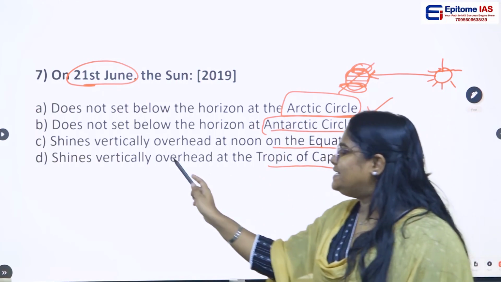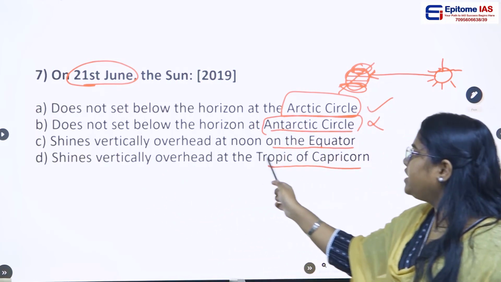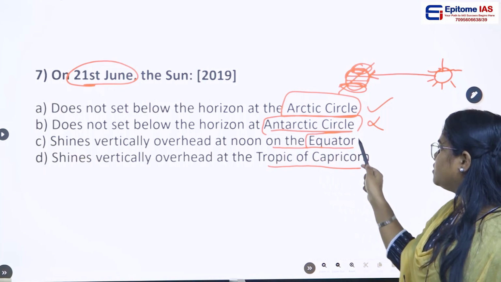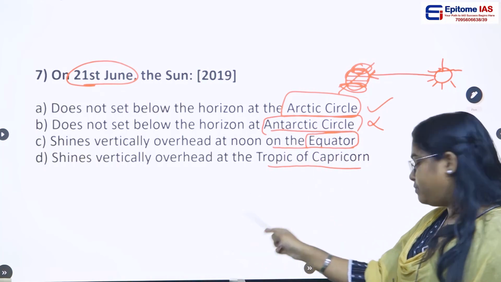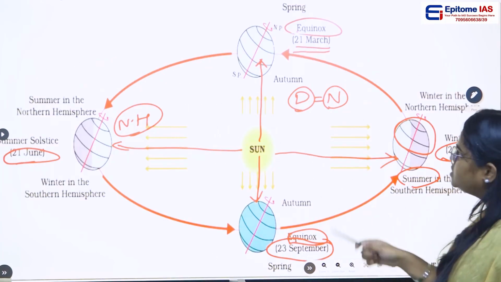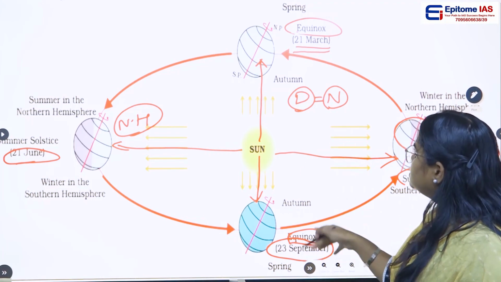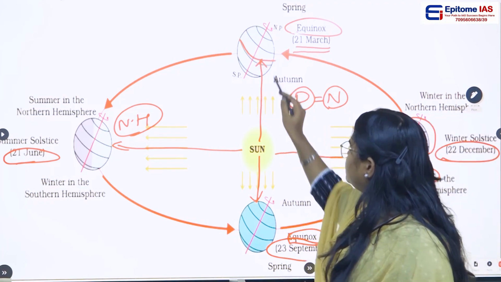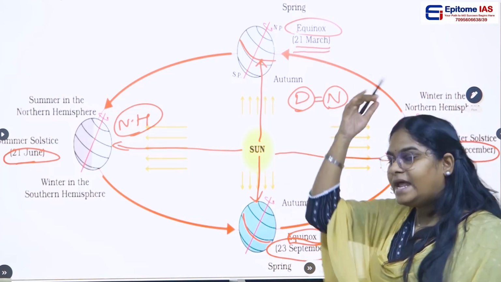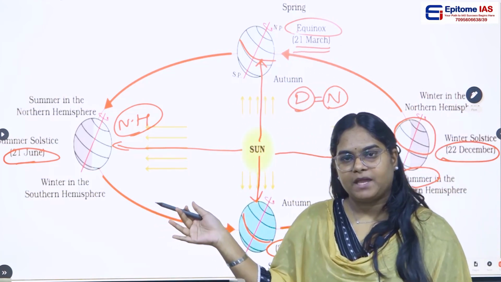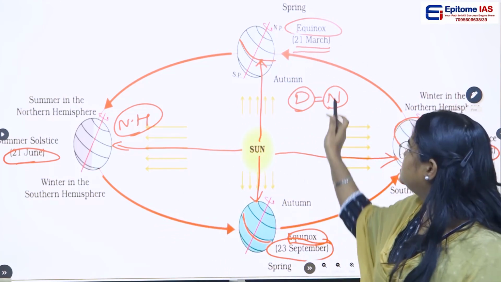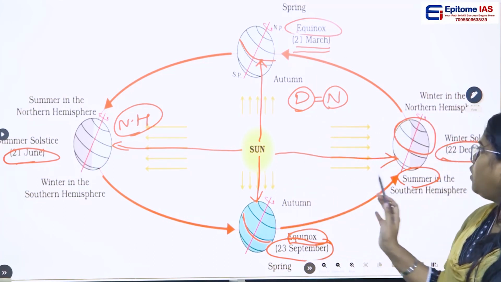If you see option C, it shines vertically overhead at noon on the equator. In the last PDF we saw this, on the last page. There are only 2 occasions where the sun is directly overhead at the equator. What are these? The spring equinox and the autumn equinox.